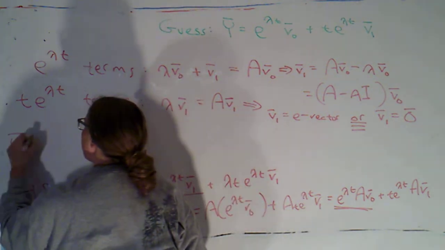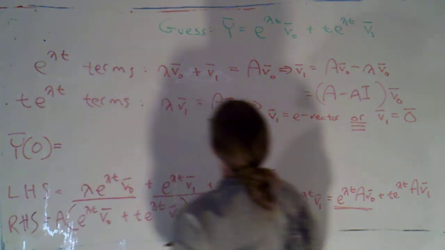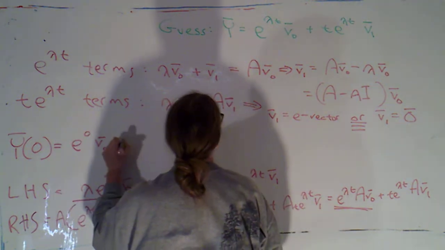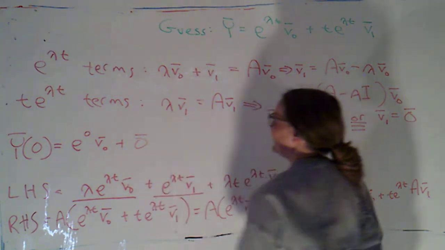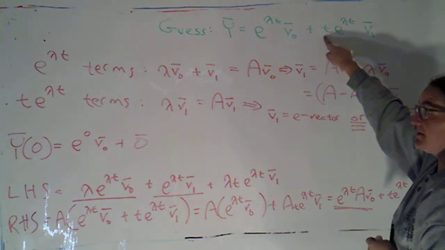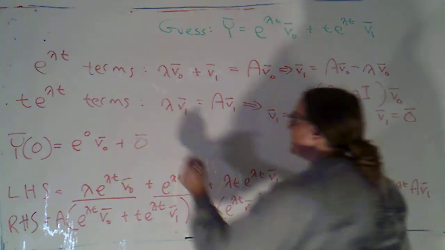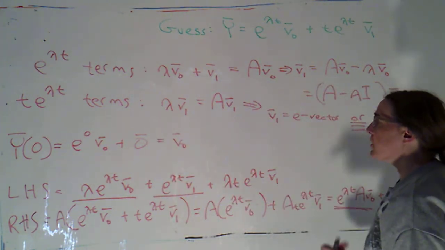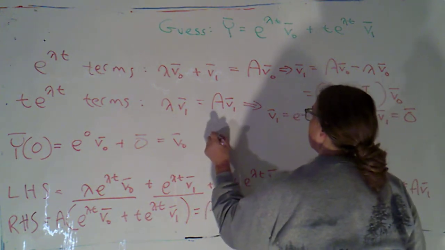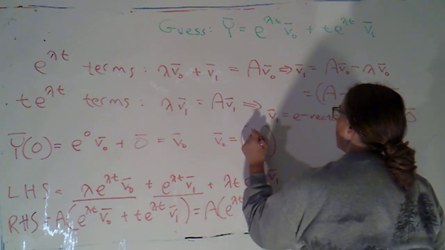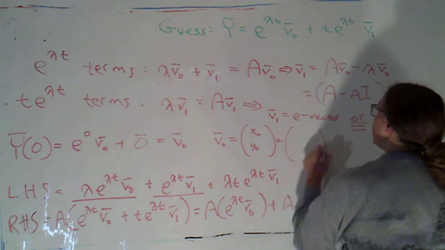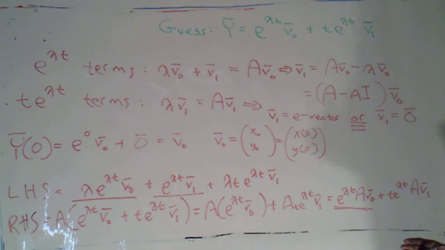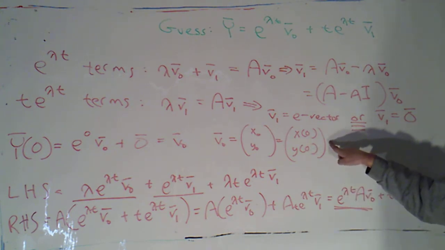So notice that y evaluated at 0 is equal to e to the 0 times v naught plus 0, because if I'm plugging in 0 for t, that kills off this term. So that's just v naught. Okay. So if this is going to work, v naught has to be what I'm going to call x naught, y naught, which is just the x value at time 0, the y value at time 0. It has to be the vector corresponding to my initial condition.